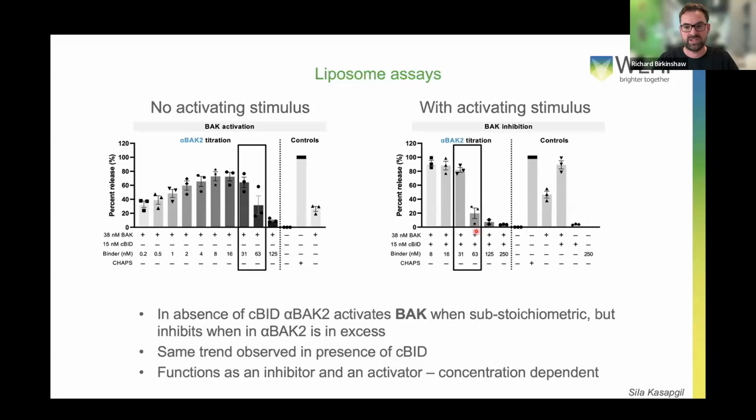But at high concentrations, when we have an excess of the anti-BAC, it is now acting as an inhibitor and blocking those BH3 binding sites, preventing CBID doing its normal activity. So this was really quite surprising and was quite unexpected at the start of the design process.